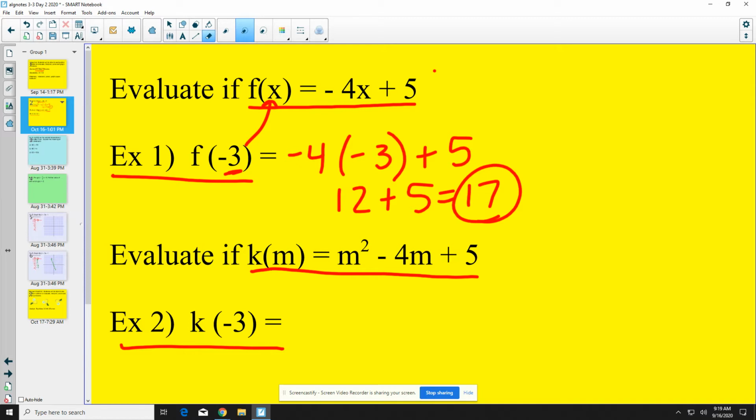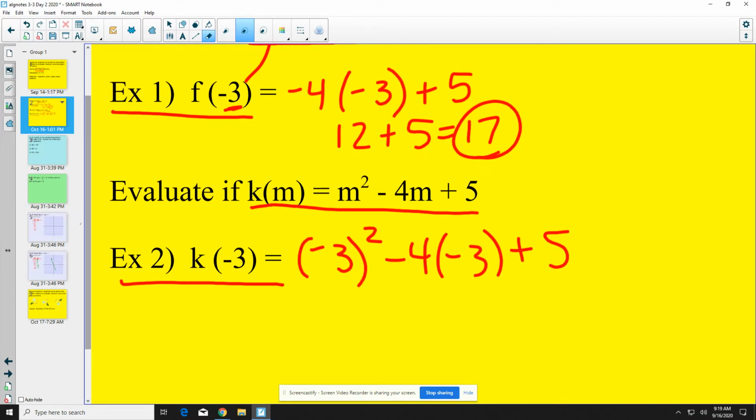Okay, now that you're done, let's check your work. So you're going to take -3 and plug it in for m. So you got -3 to the second minus 4 times -3 plus 5. All right, so if I'm squaring -3, that means a -3 times a -3, which is a positive 9. Then I'm subtracting 4 times -3.